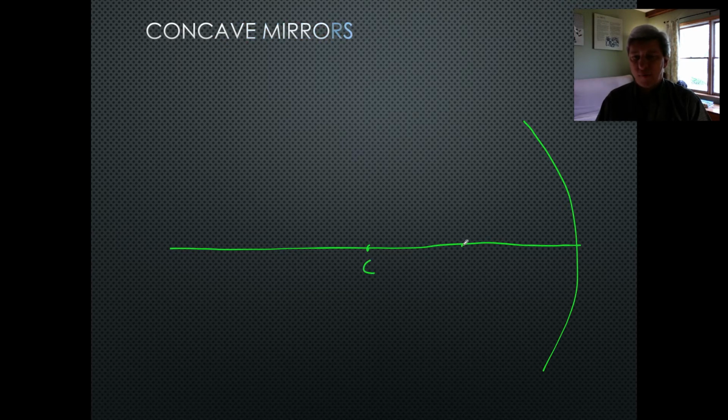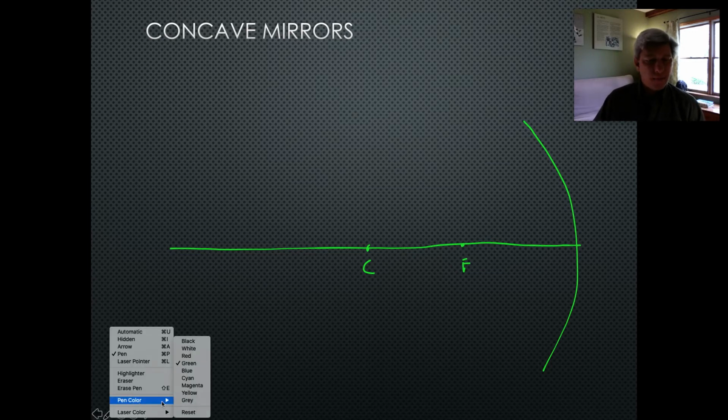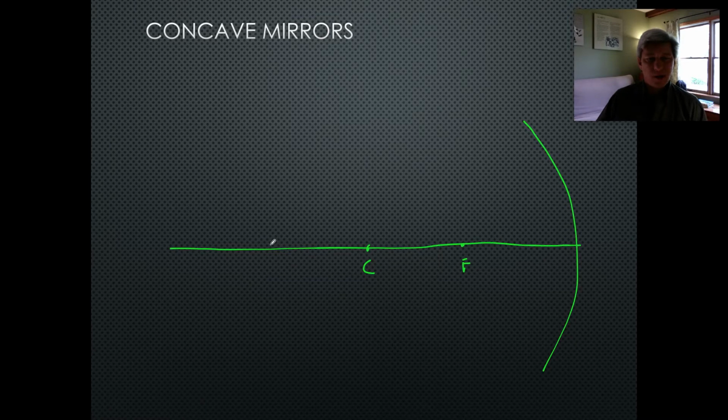And let's go back to the green. I'm going to place my center of curvature here, my focal point halfway between the center of curvature and the principal axis, and then I'm going to draw my object, let's say here. All right, so here's my object.